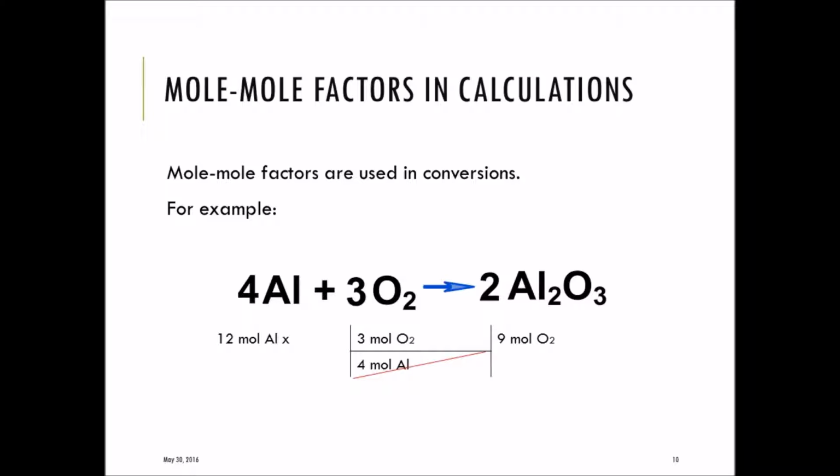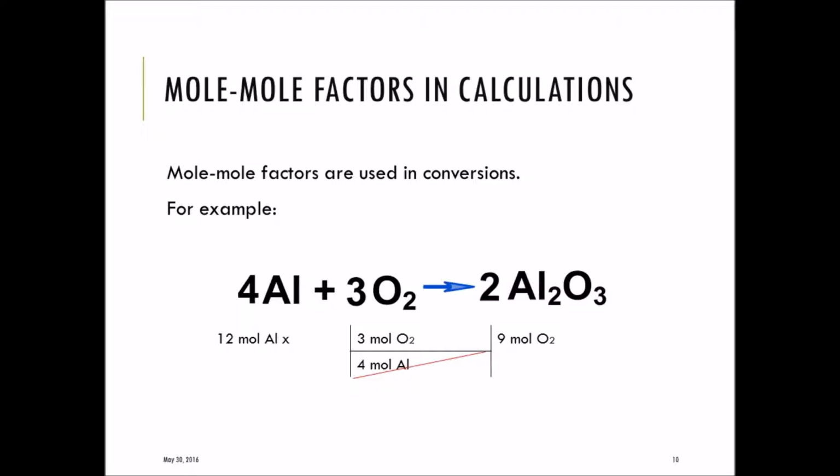And if you have 12 moles of aluminium, you'll have to use the conversion factor. There will be 3 moles of oxygen molecules for every 4 moles of aluminum atoms. So you will have the next operations.